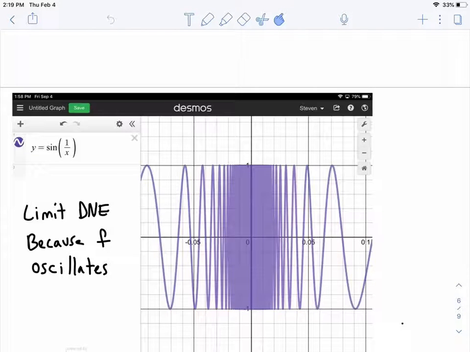Our final example is an interesting function here, an interesting graph. And I'd encourage you to look at this graph and zoom in. I have a static graph here, so I can't zoom in, but we're looking at the graph of y equals sine of 1 over x. And what we're interested in is what's going on here at 0.